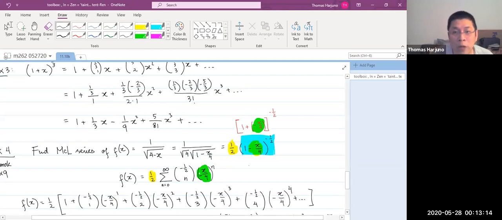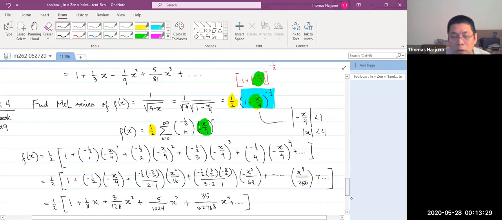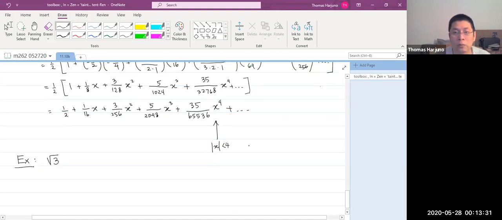My position for that is the one, so absolute of negative x over 4 should be less than 1, right? So absolute of x should be less than 4. Does it make sense? So my radius of convergence is actually not 1. I said it wrong earlier. It's actually 4. The radius of convergence equals 4.